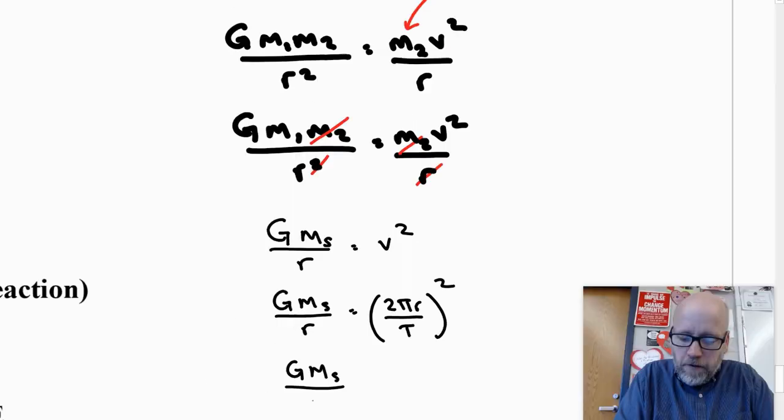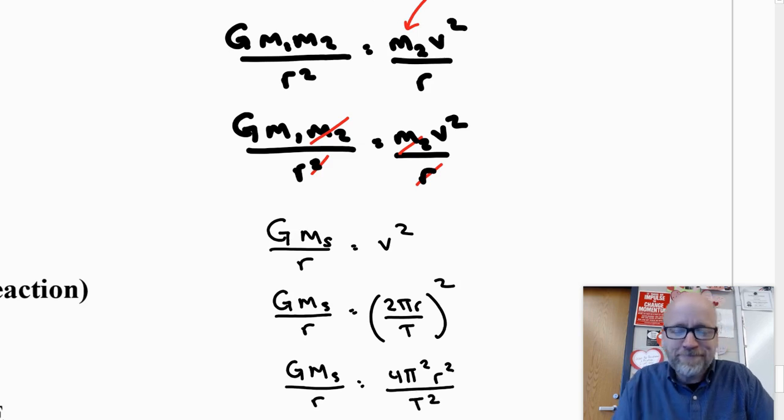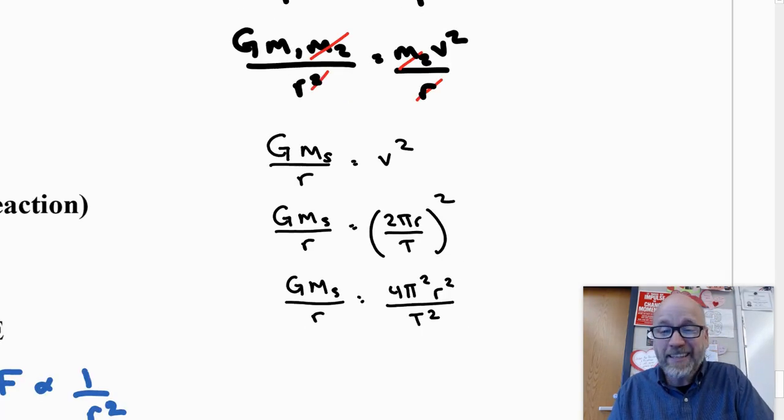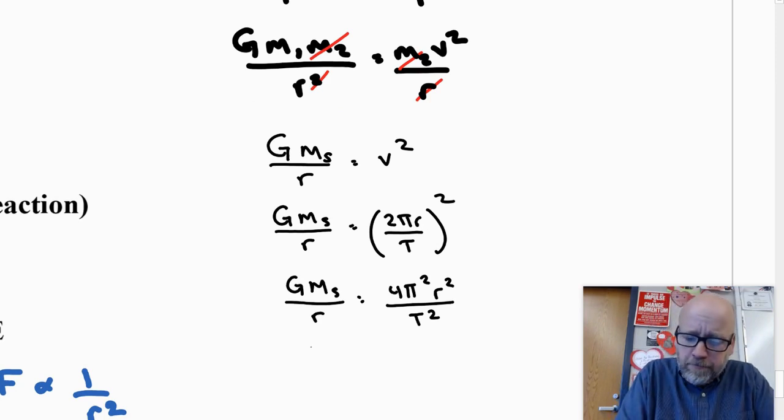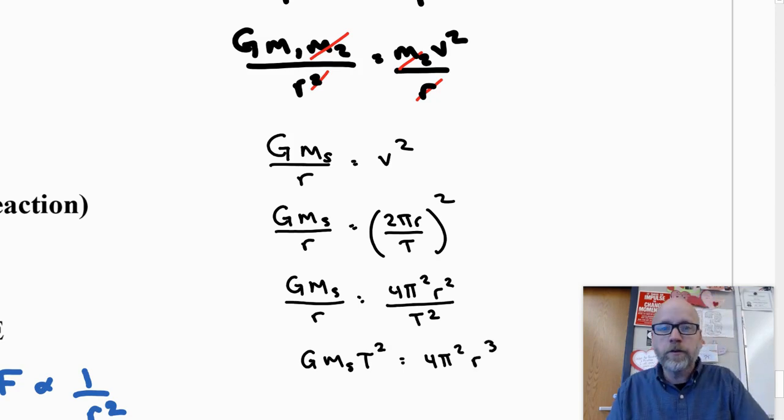Let's do it. Good. All right. And then to clean this up, I'm going to get it all on one line. So G, mass of the sun times the period of the planet squared equals 4 pi squared r cubed.